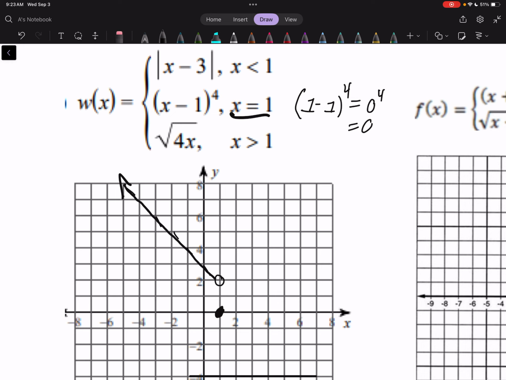All right, the square root of 4x, where x is greater than 1. Now, this one might be a little bit more difficult.